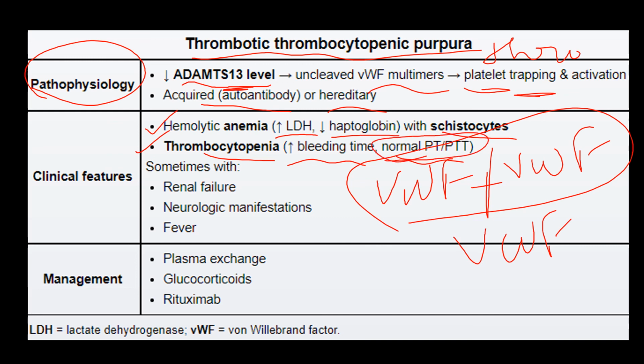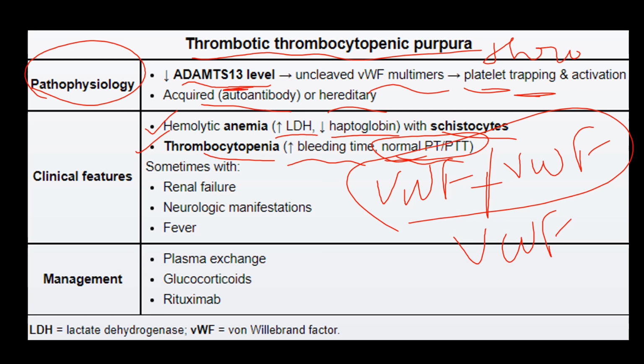PT and PTT are normal because there is no effect on the coagulation factors, and thrombocytopenia occurs because platelet aggregation leads to use of the platelets and therefore a decrease in the count of floating platelets.